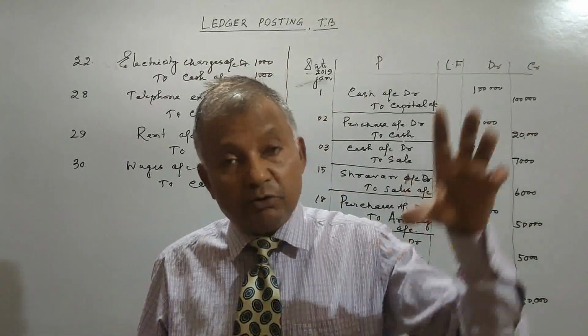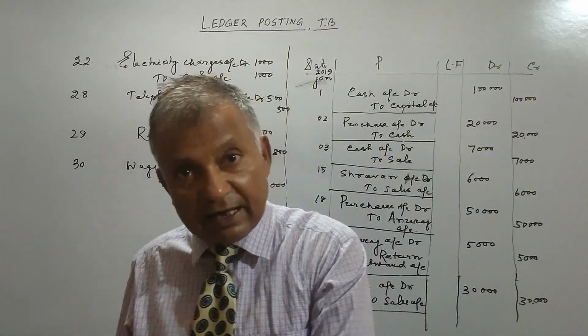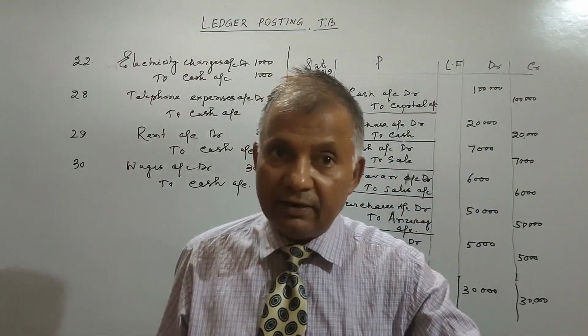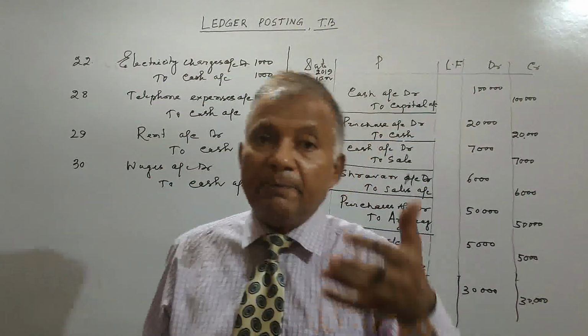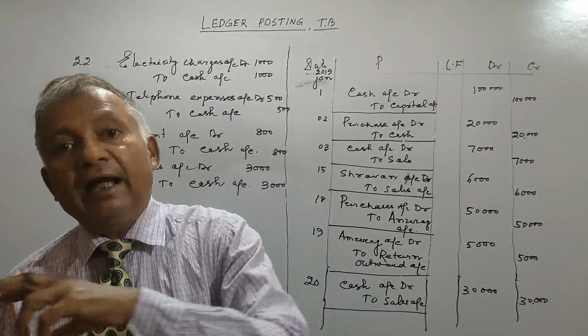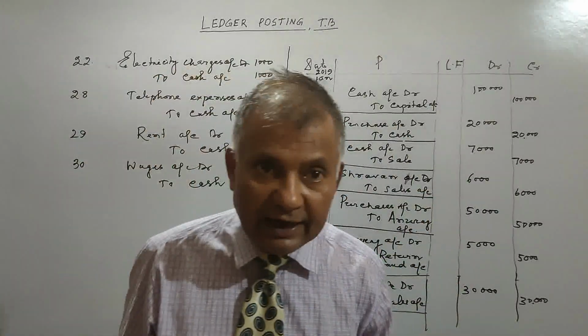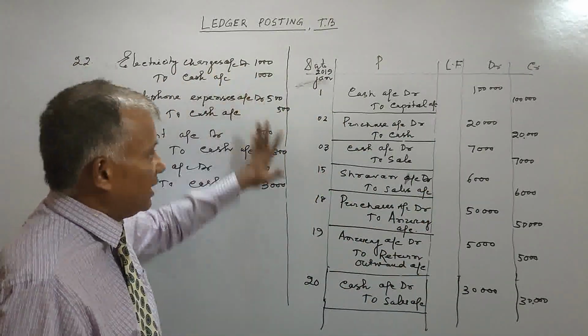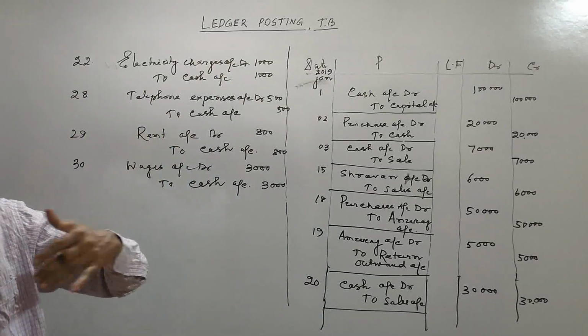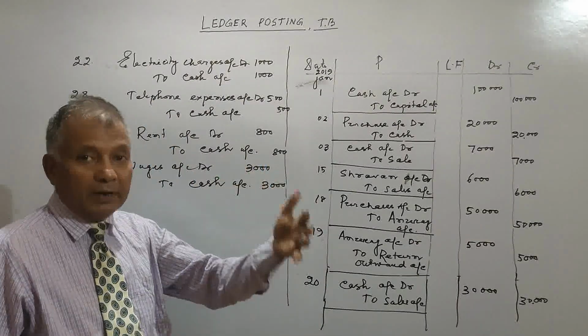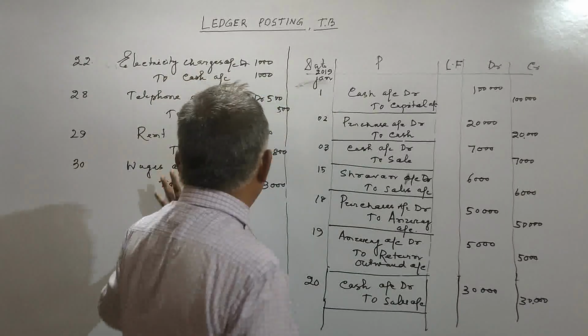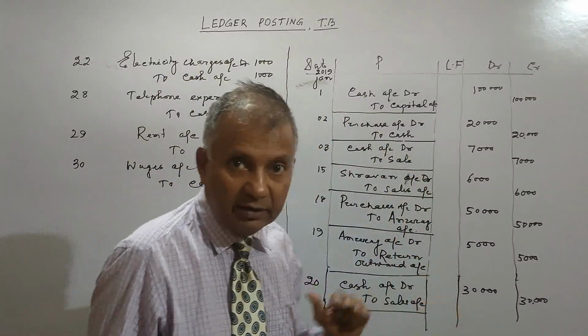If they ask you to prepare journal, ledger, trial balance, then please do that. If they ask you to prepare ledger only and trial balance or only ledger, then do the journal entry with your practice in your brain and post it to the ledger.